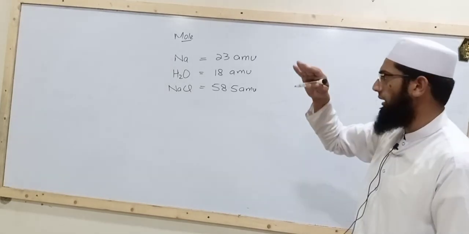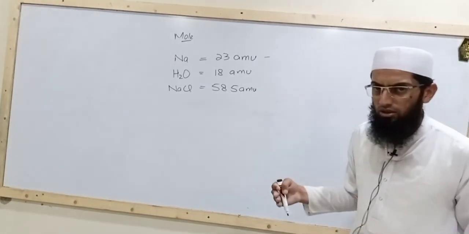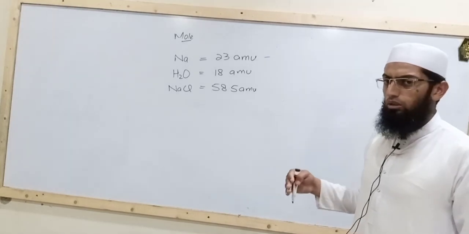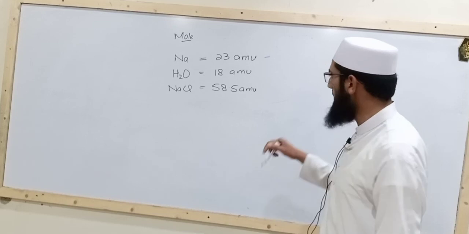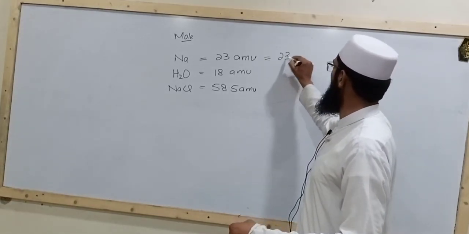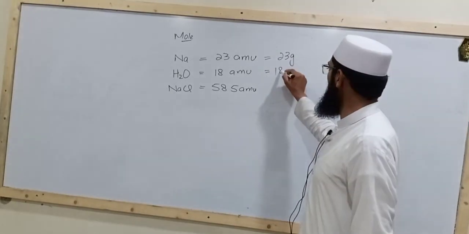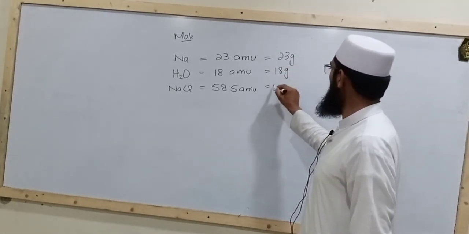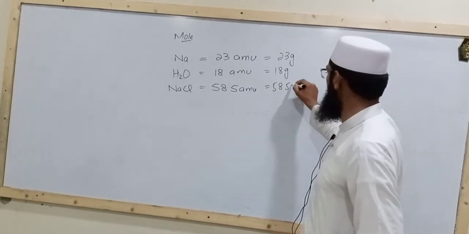So let's consider them in gram, so that we may use them in the laboratories for doing the different experiments. So we convert this 23 AMU into 23 gram, in the same way 18 AMU into 18 grams and 58.5 AMU into 58.5 grams.